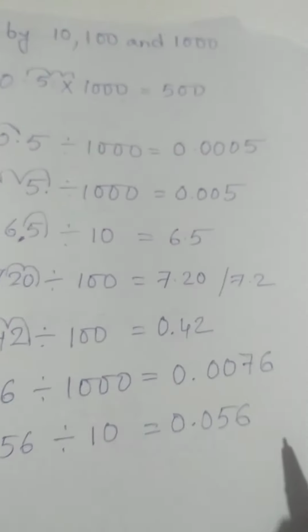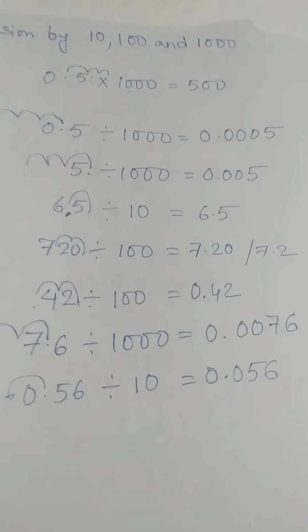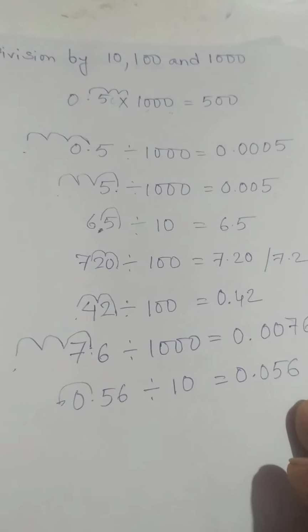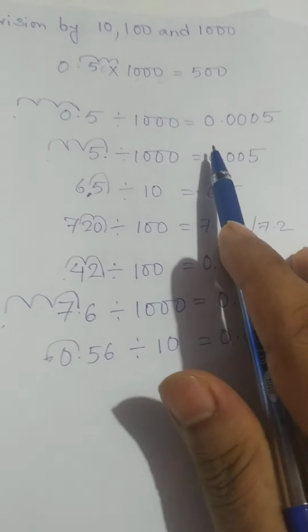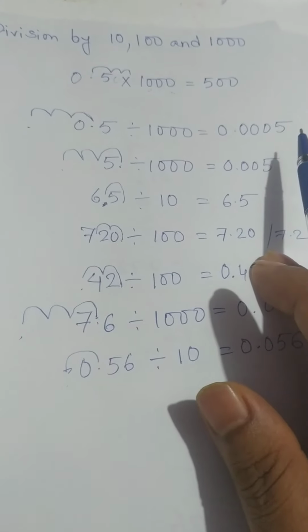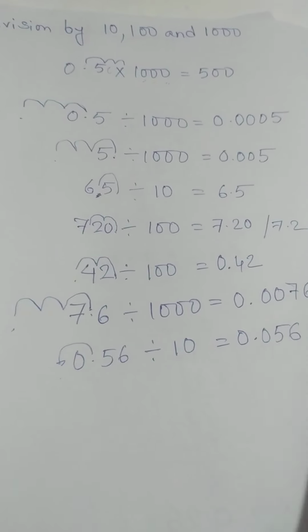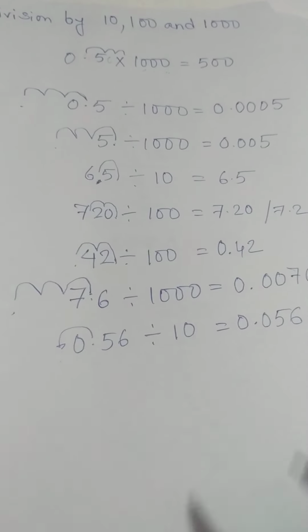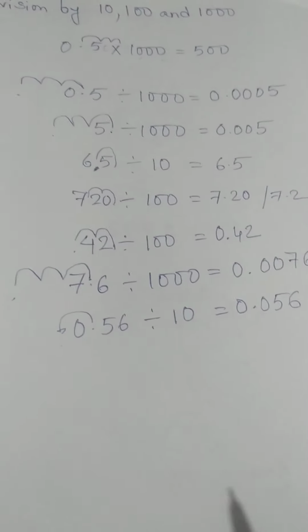That's it. I hope this is clear, right? How to do the divisions with 10, 100 and 1000. These are just one line answers, because these will come in short questions. You can't waste time doing it in bigger ways.